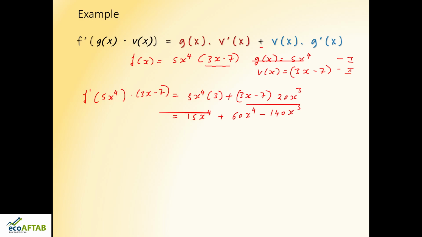So, when we simplify this further, what we get is 15x raised to 4 plus 60x raised to 4 is nothing but 75x raised to 4 minus 140x cube. So, this is how we make use of product function formula to find the derivative of the product of two functions.